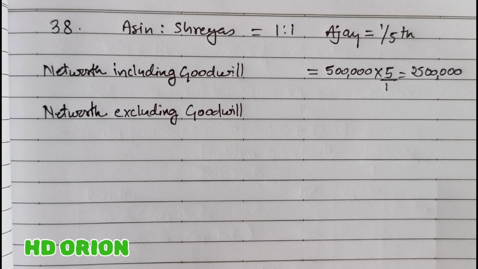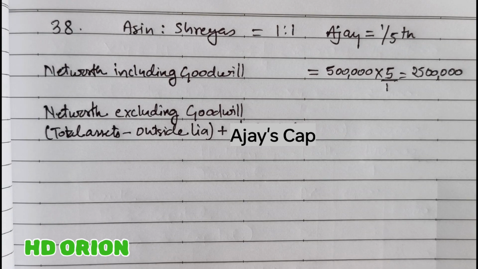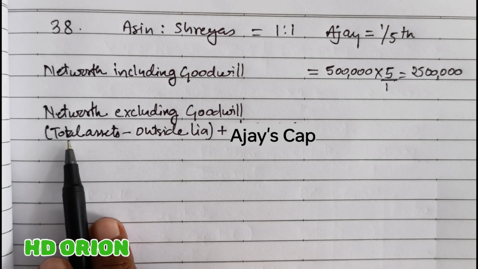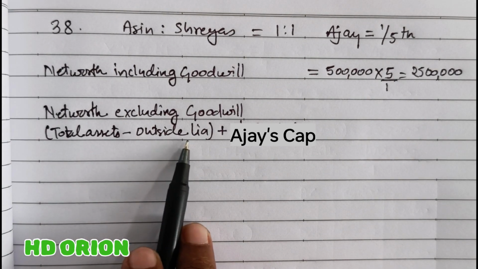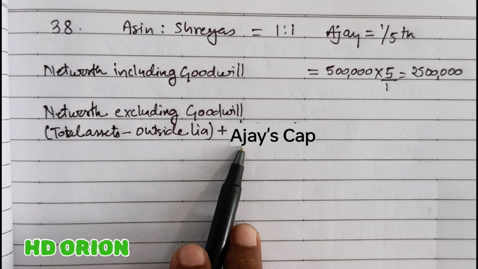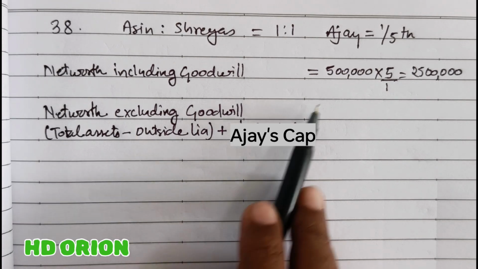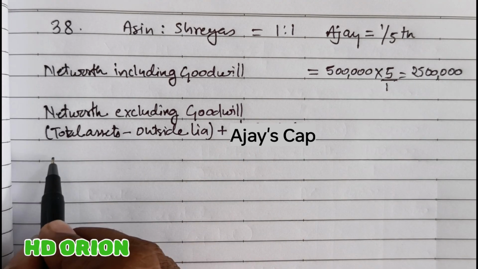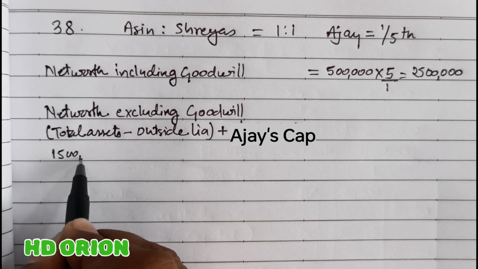That is net worth excluding goodwill, which will be calculated by the formula total assets minus outside liability, that is current liability, that will give us capital employed. And because a new partner has also come in, therefore we will add this 5 lakh rupees to it. So total asset is how much? 15 lakh.